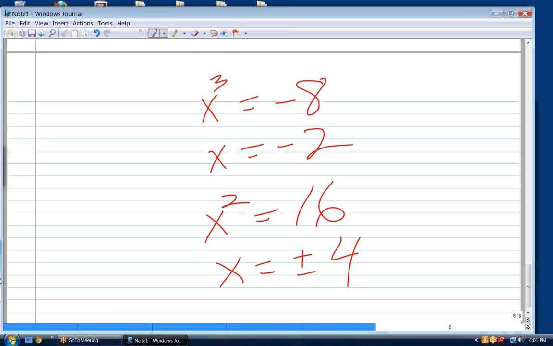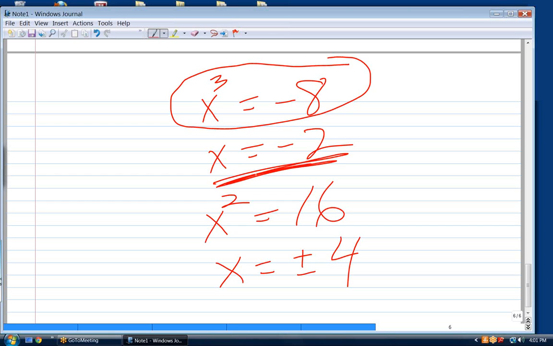And notice the difference. When x cubed is equal to minus 8, x is equal to minus 2 only, not plus or minus 2. In other words, odd roots will give you one answer only, either positive or negative. Even roots always give you a plus or minus.